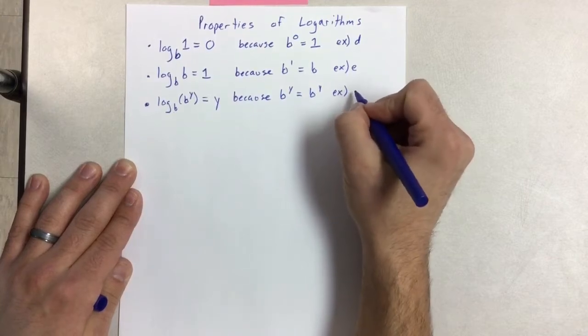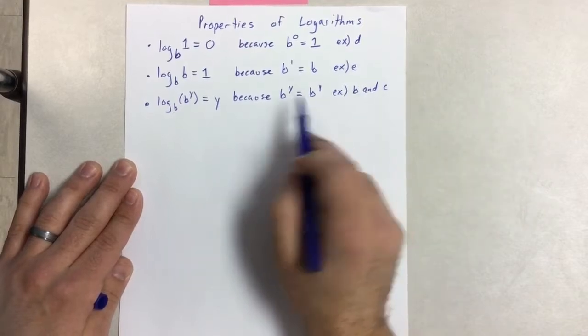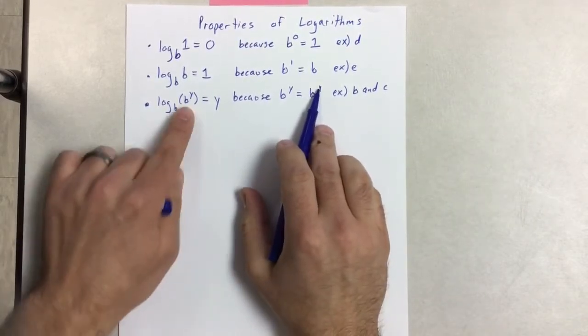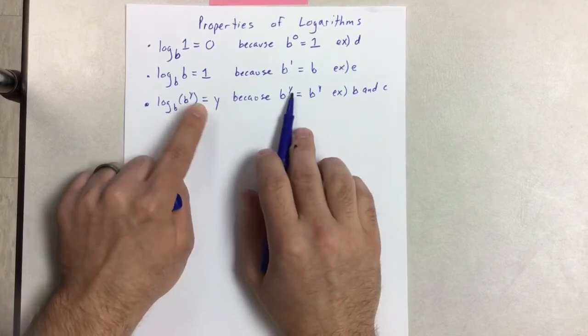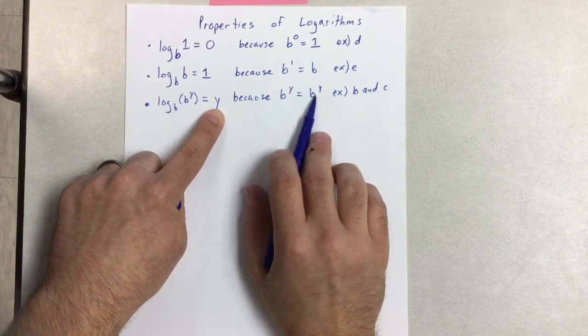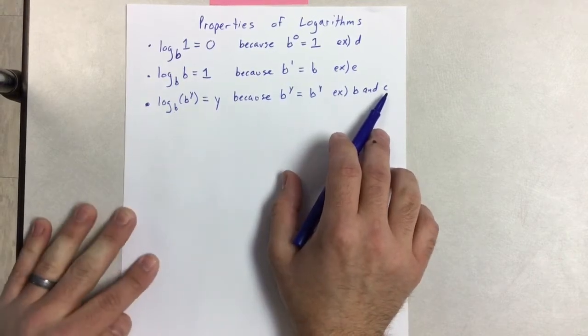You're probably thinking, what did you just say? Typically this is simplified. When I say a number raised to a power, we see that it's simplified to something. In examples B and C, we saw that.